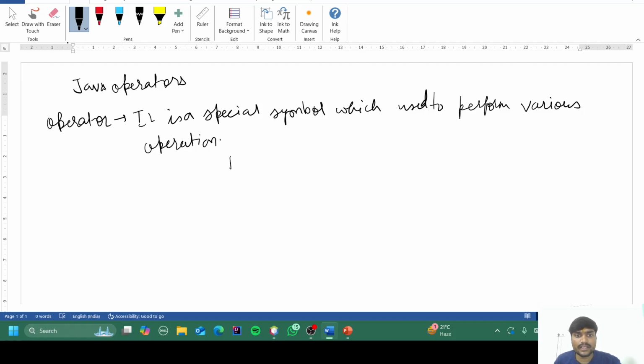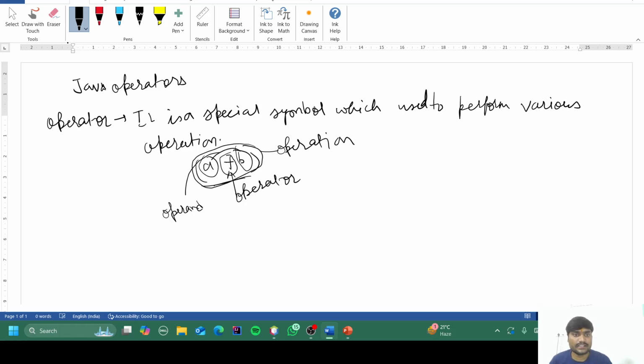Like you see, we add a plus b. So it is an operation, and the operator here is the plus, and these two are called operands. So this whole work is called an operation.